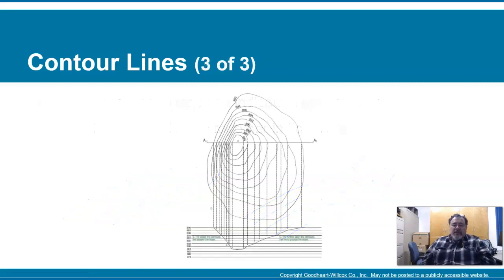So here you can see a peak, like a hill, looking at it from the top down. And those lines can be transferred into a section. So this line is a section. Notice the line goes that way and that way. If we were to slice across the peak of this hill, we find that it's actually not a hill, it's a valley.